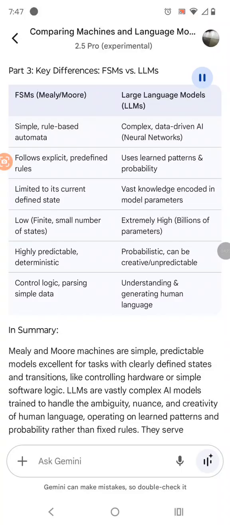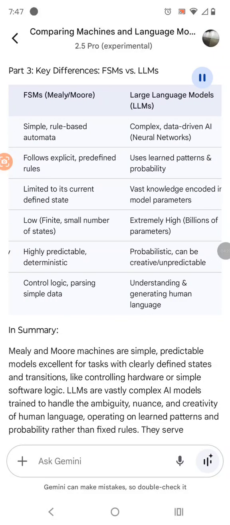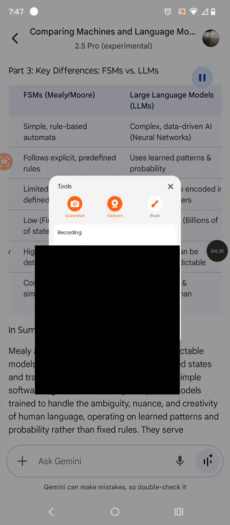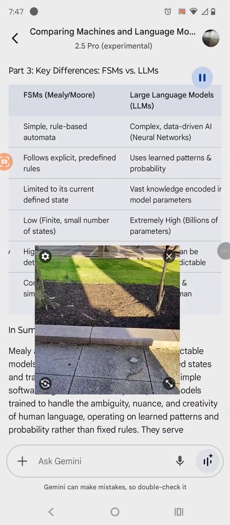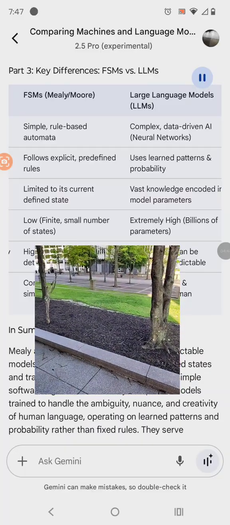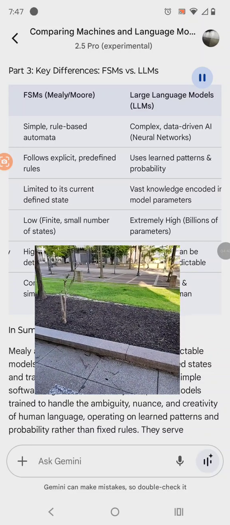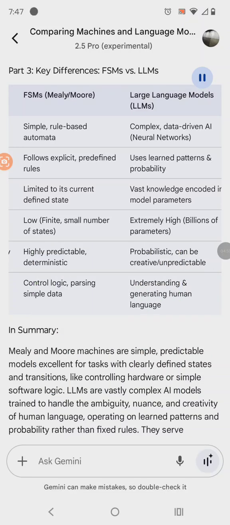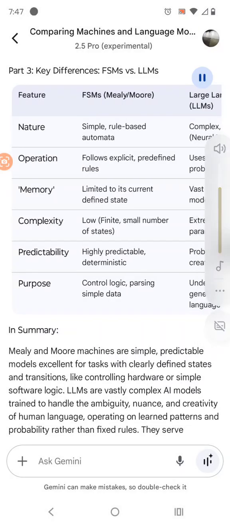Operation, follows explicit, predefined rules, uses learned patterns and probability, memory, limited to its current defined state, vast knowledge encoded in model parameters, complexity, low, finite small number of states, extremely high, billions of parameters, predictability, highly predictable, deterministic, probabilistic, can be creative/unpredictable, purpose, control logic, parsing simple data, understanding and generating human language.